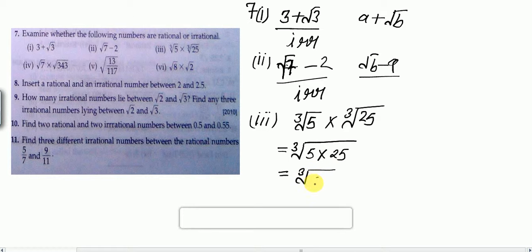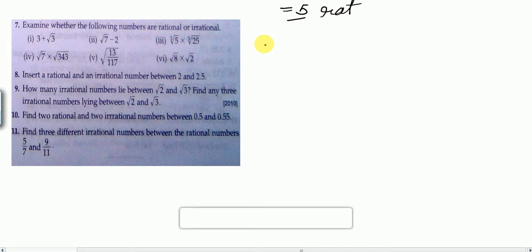So this can be written as 5 raised to the power 3, and the cube root cancels out. So the answer is 5, which is rational.